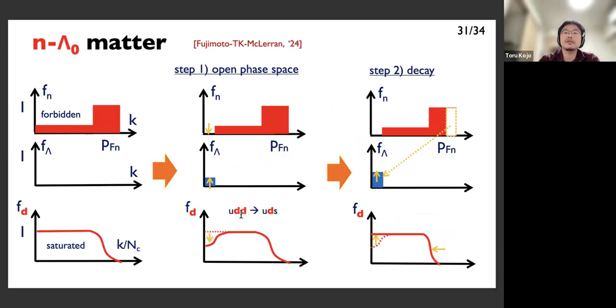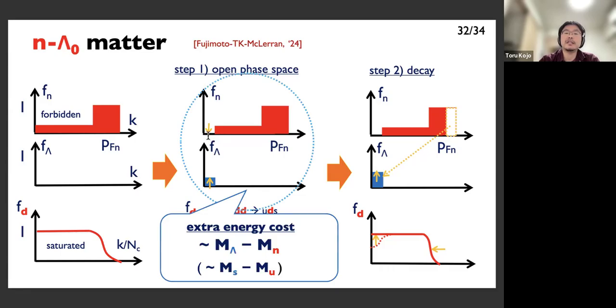Since a neutron contains two d quarks while a lambda contains only one, this replacement can open the phase space for d quarks at low momentum. Then an energetic neutron can decay into a low momentum hyperon until the d quark states again get fully saturated. So this is the extra process we need to generate hyperons.